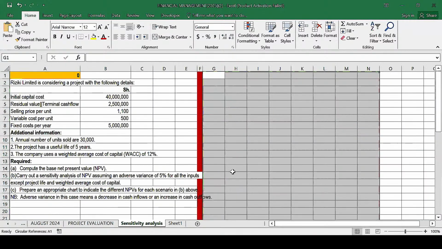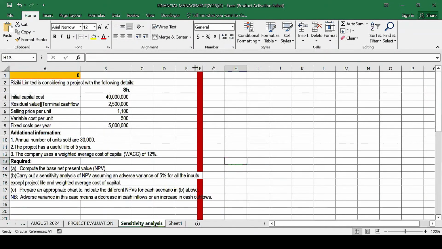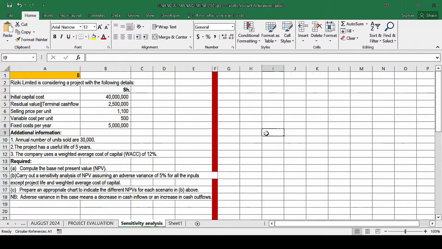So what are we told here? We are told that FNLINE Limited is considering a project with the following details. We are given the initial capital cost, which is basically the initial investment, 40 million. Then we are given the residual or terminal cash flow, 2.5 million.